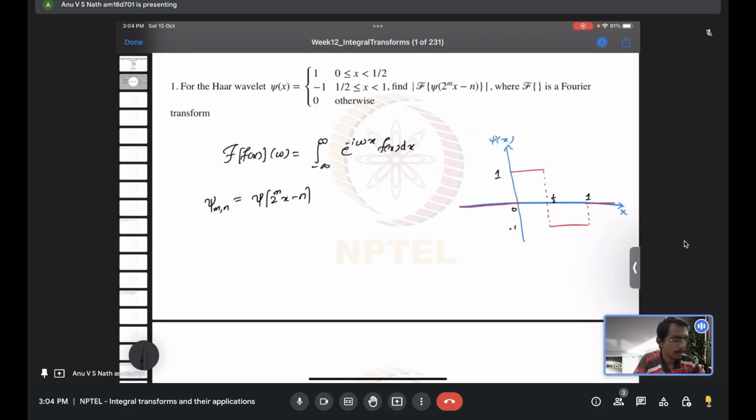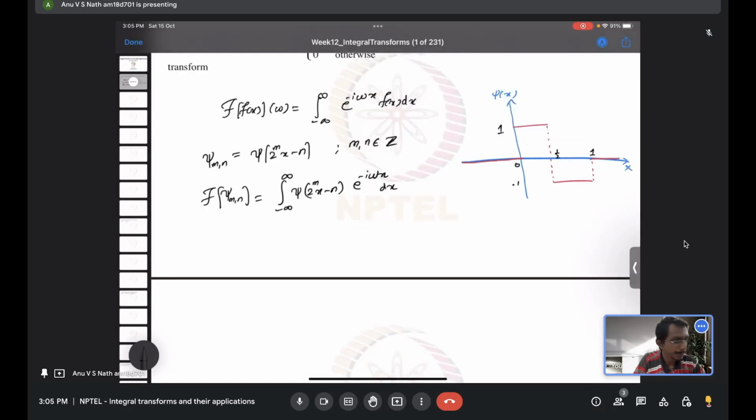So this is the discretized version of the Haar wavelet, psi m,n. Now we have to evaluate its Fourier transform. Remember that m, n are integers. We multiply with e raised to minus i omega x dx and integrate from minus infinity to plus infinity.